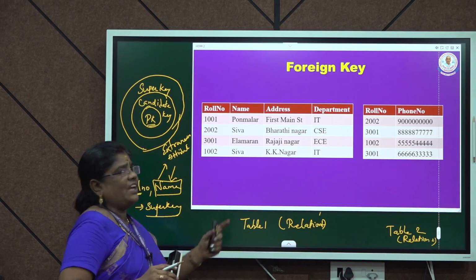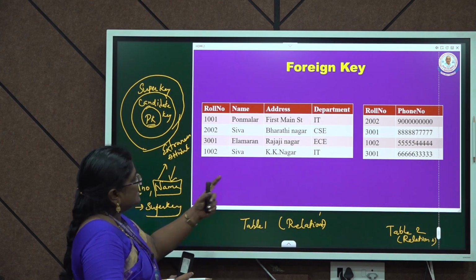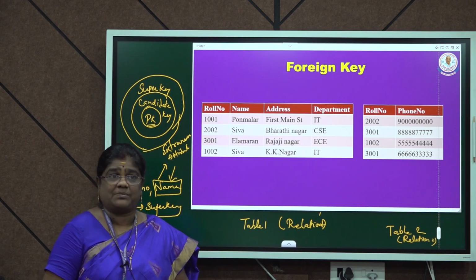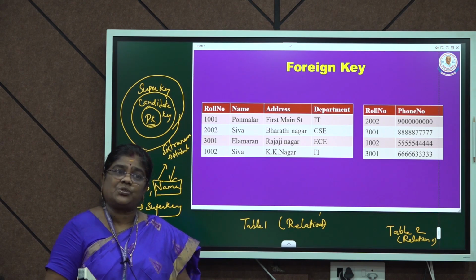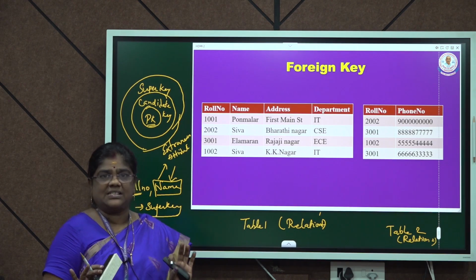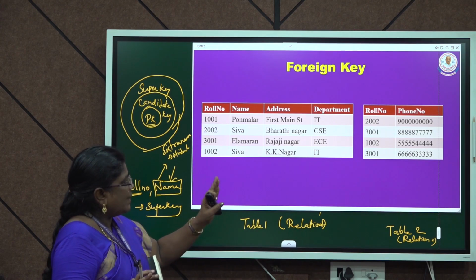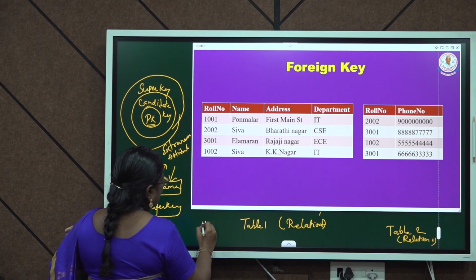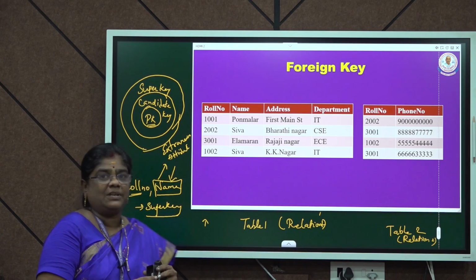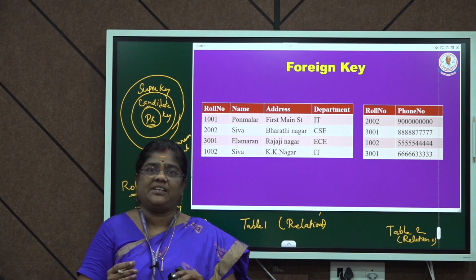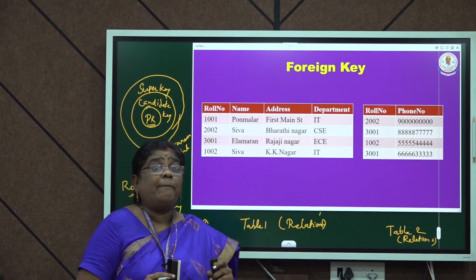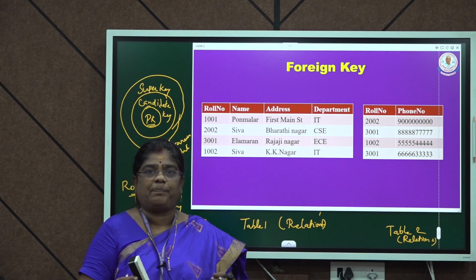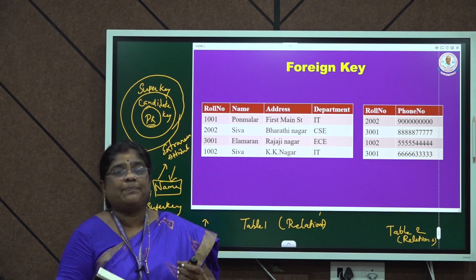The first table we have discussed already. When we take the second table, whenever you are going to store the details of the students in a college or department, we can give the details about the students who are present inside the campus only. Hence, the roll number in the second table will be referring to the roll number in the first table. If we are not going to establish the primary key foreign key constraint, then the second table permits us to insert any roll number which is not present within the department.